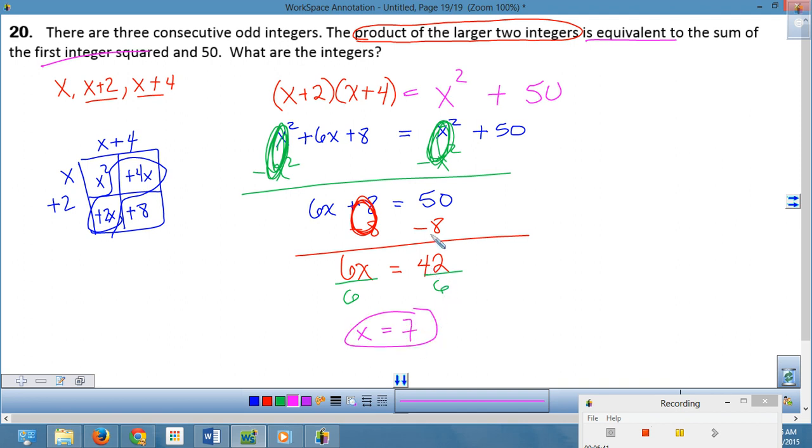It says, what are the integers? So 7, and then 7 plus 2 is 9, and then 7 plus 4 is 11. So you have 7, 9, 11.